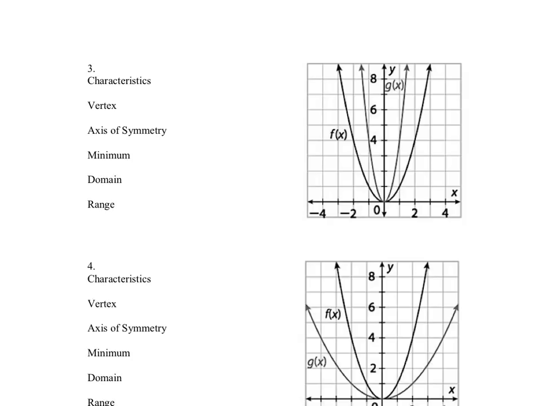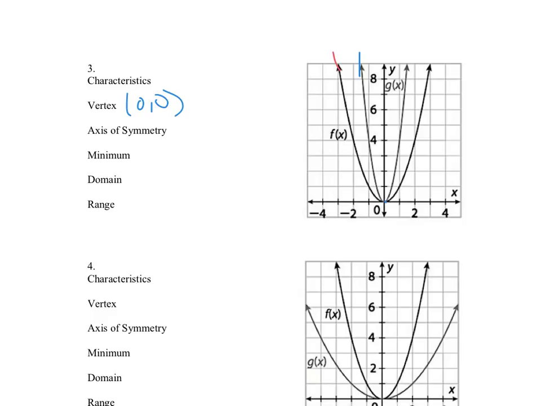All right, so let's look at some variations of our graph. We have f of x, which is this one here, and then we have our g of x, which is now some value that is multiplied by a there. So the vertex for it is still at 0, 0. We're down at this point right here.